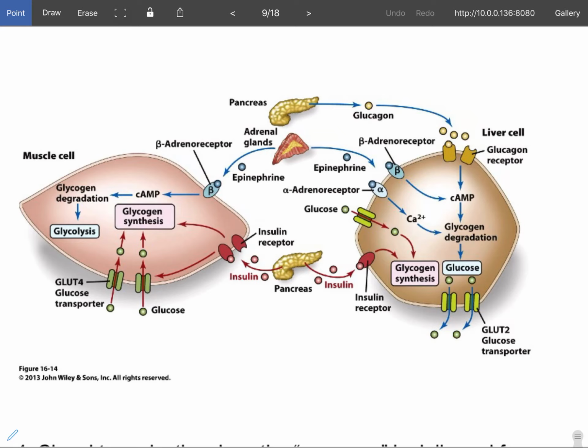And I also want to look at epinephrine. So epinephrine is a hormone as well, and it has similar effects in both tissues. Remember, epinephrine or adrenaline is the fight or flight hormone, and so it is what we release in order to run away from something or get the energy to do something dramatic. And so there are these adrenoreceptors on the surface of muscle cells.